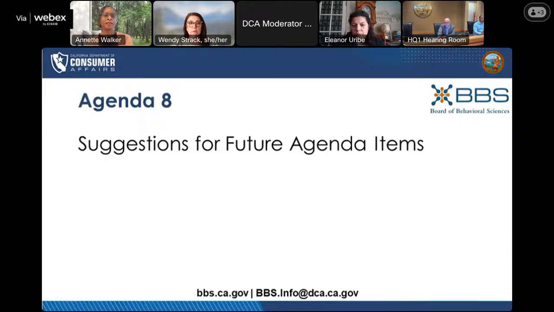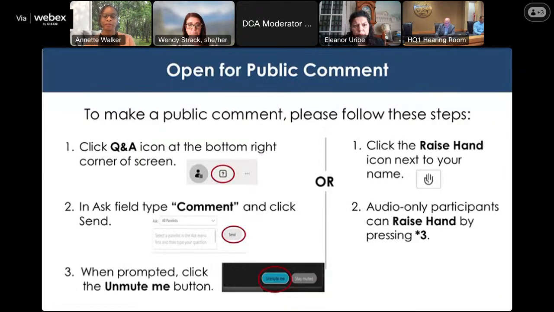Okay, moderator, do we have anyone online? This is the moderator, and for members of the public on WebEx, if you would like to make a comment on this item, you can click the raise hand icon or the Q&A icon down at the bottom. All right, and it appears there are no requests on WebEx. Great, thank you.